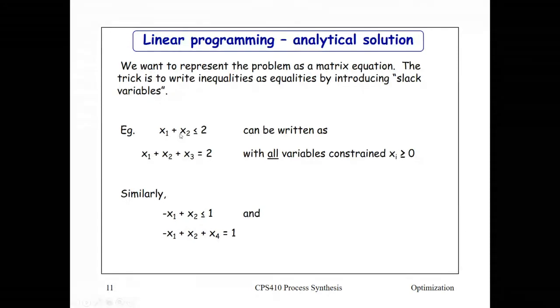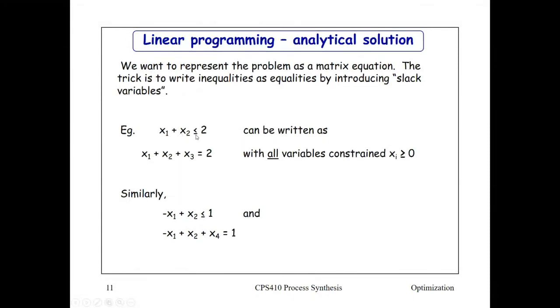And when you've got x1 equals a half and x2 equals 1.5, then you find that it's equal to 2. It's against the constraint, because then the sum of these two is at the maximum flow rate that the reactor can produce. Okay, but it is possible, because this is less than or equal to, the reactor can also be operating at less than 2 tons per hour, 2 tons per day. So it is possible that a valid solution can be that x1 equals a half and x2 equals 1. That's 1.5, which is less than 2.